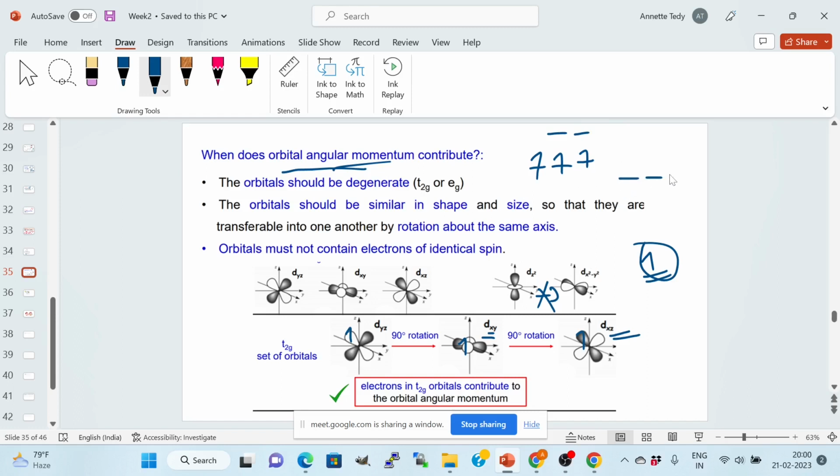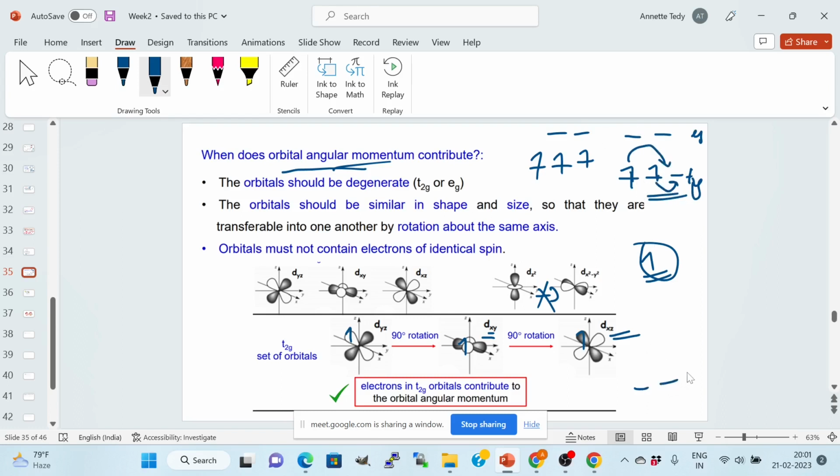For example, in this case, I have two unpaired electrons, right? But it is in T2g. So in this case, I have to look at the orbital angular momentum because this electron can go here, this can go here, and so on.